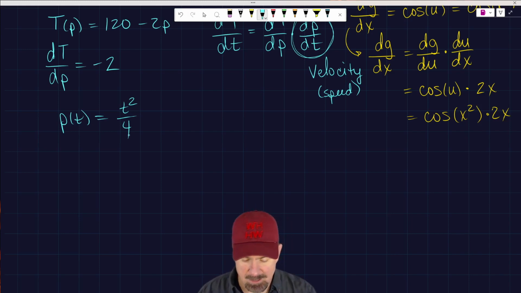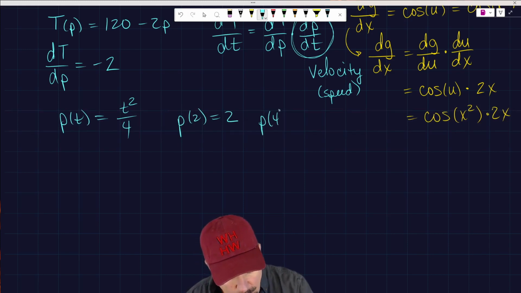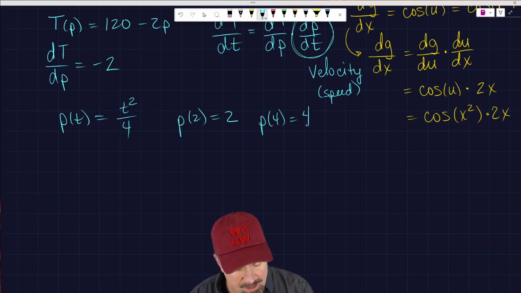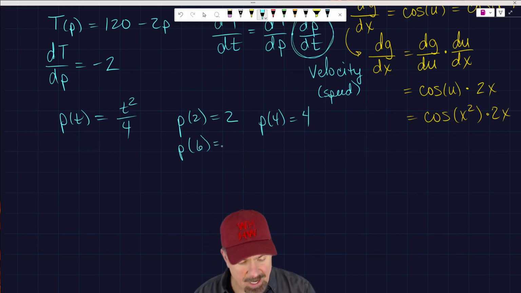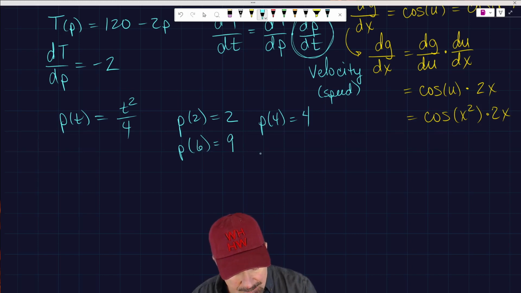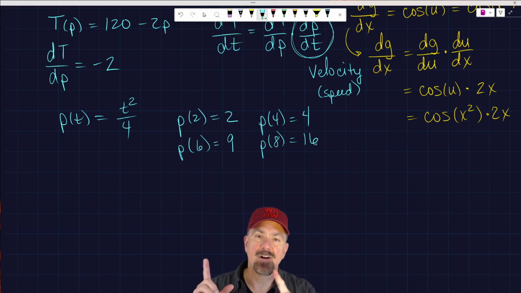After 4 seconds, p of 2 is equal to 2, whereas p of 4 is equal to 16 divided by 4, which is 4. P of 6, now we have 36 divided by 4, which is 9. And P of 8, that would be 64 divided by 4, which is 16 feet. So we're accelerating as we move through.